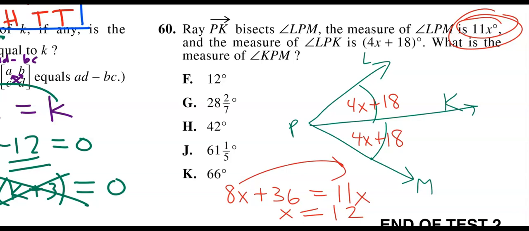Why am I wrong if I choose letter F? Did they ask you for letter x? No, they asked you for KPM. So I'm pretty sure you need 4 times 12 plus 18. And what do you get when you add those together? 48 and 18. I think that's 66.